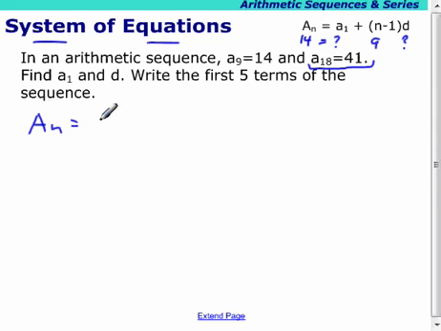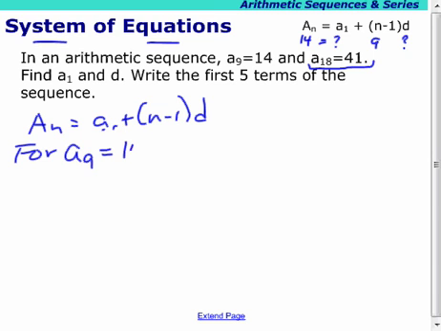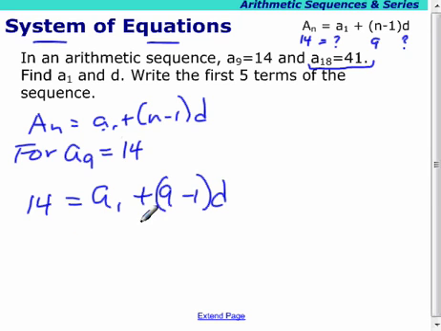So here's my formula. an is equal to first term plus n minus 1 times the difference. So if I'm using a9, for the 9th term, I'm going to plug stuff in. So the 9th term is 14 is equal to the first term, I don't know, plus n is the number of terms, that's 9 in this case, minus 1 times d.